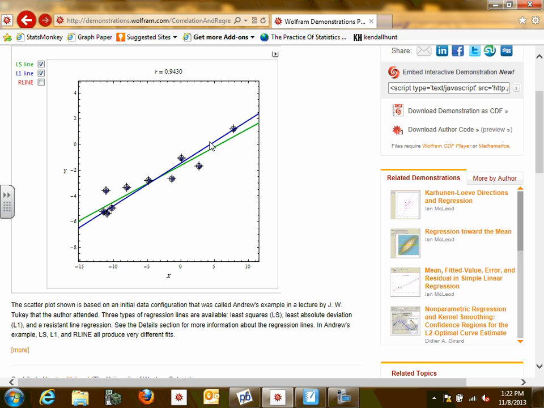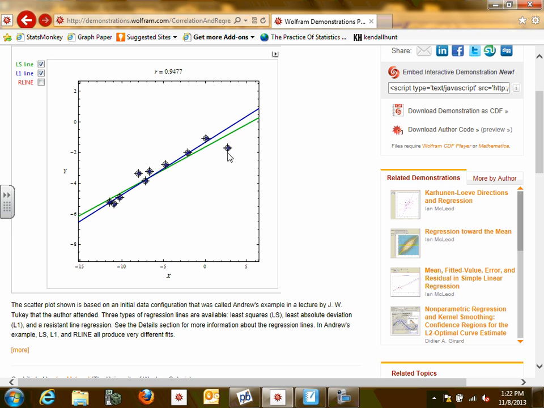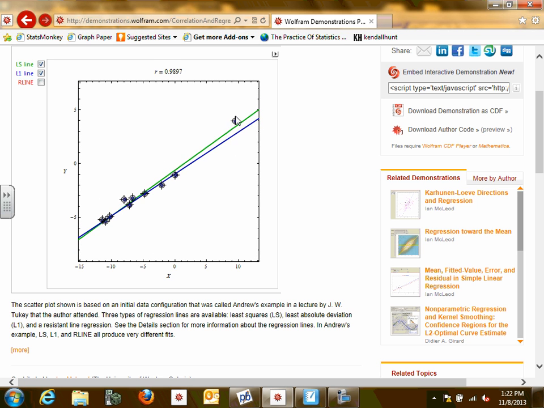So here we go. Okay, see this right here? This is our high leverage point that is in line with the data. And look at the correlation.